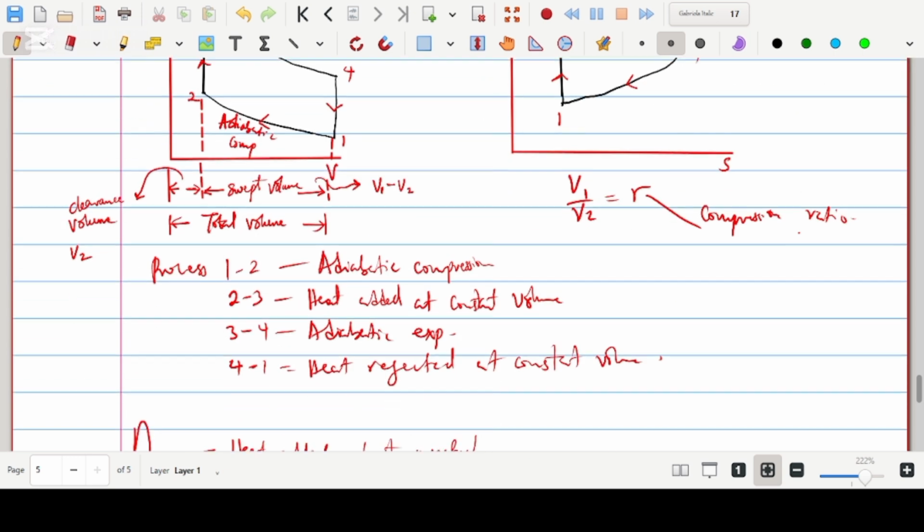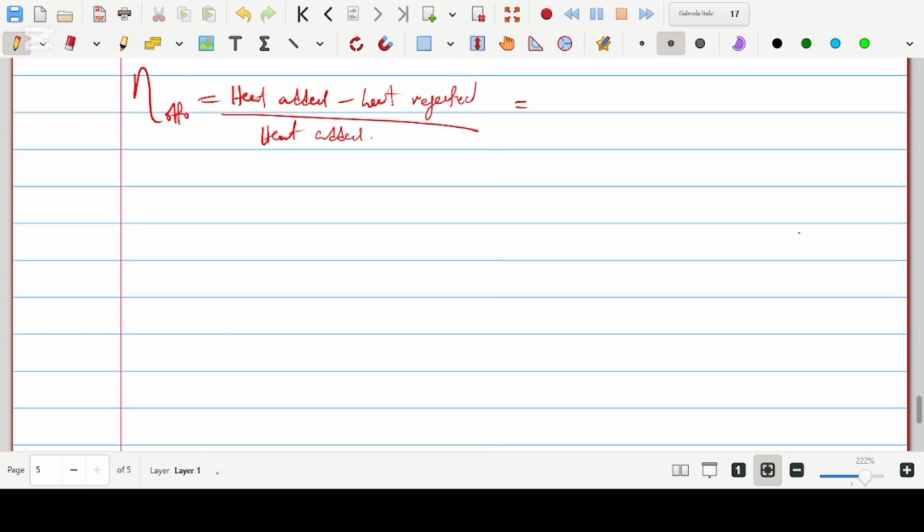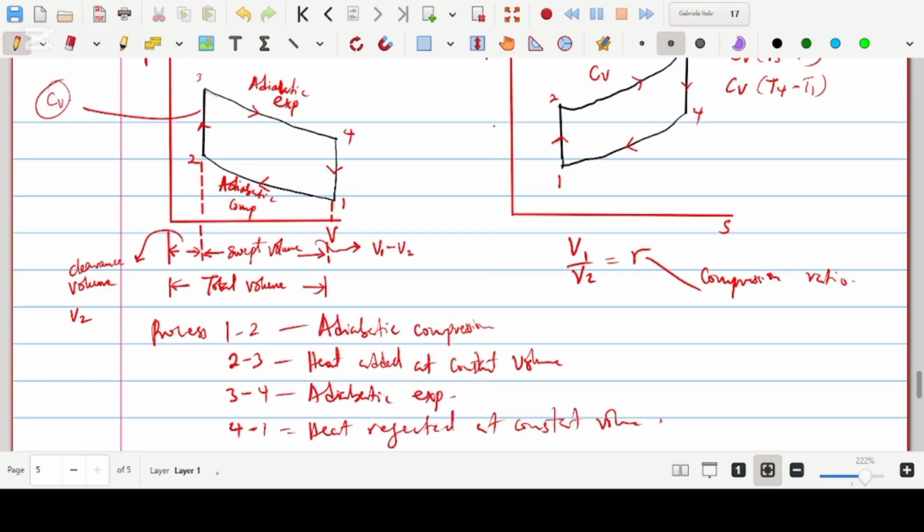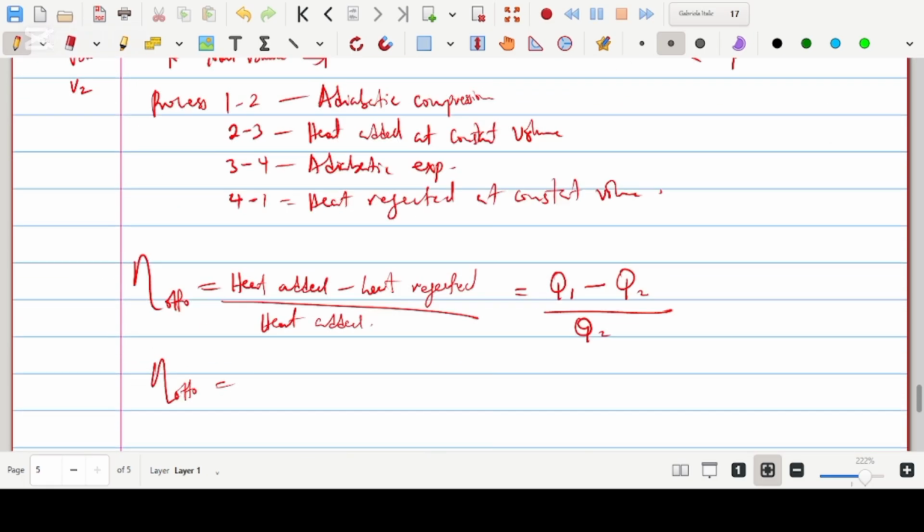So I can write the efficiency as Q1 minus Q2 over Q1 for the Otto cycle, where Q1, as I explained, is CV times (T3 minus T2).